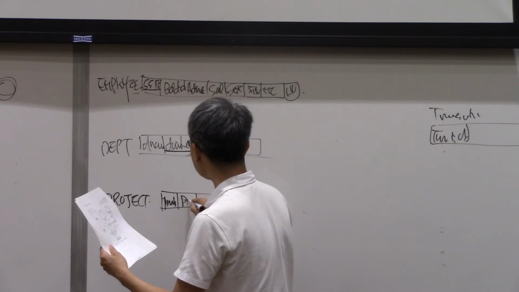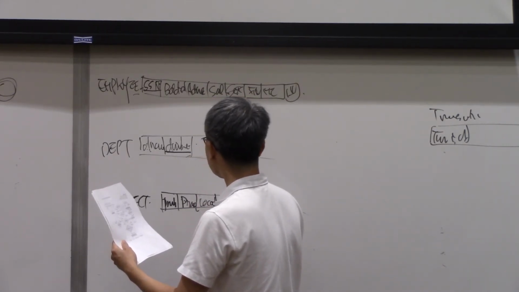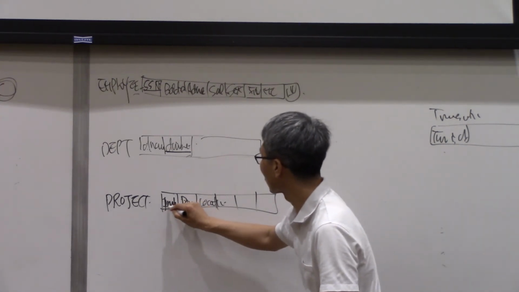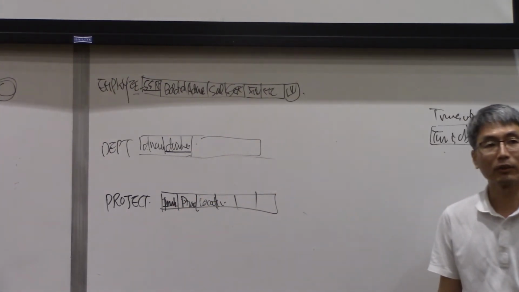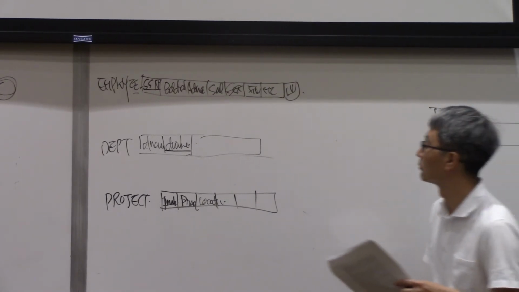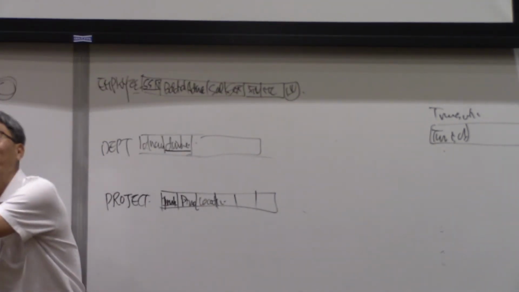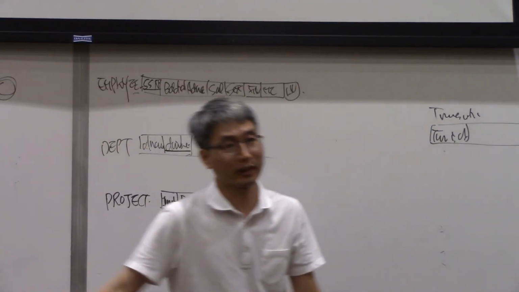P number, P name, and location. This one is a single-valued location. Then we decide to use the P number. Okay? Yes. What about the department? We have a multi-valued location. So as I said, we will take care of the multi-valued one later. Okay, I will explain why later.